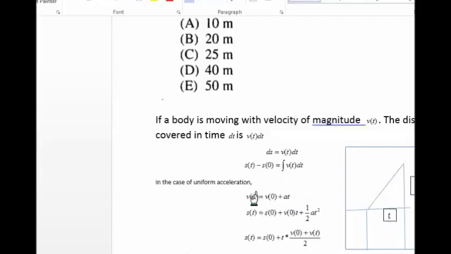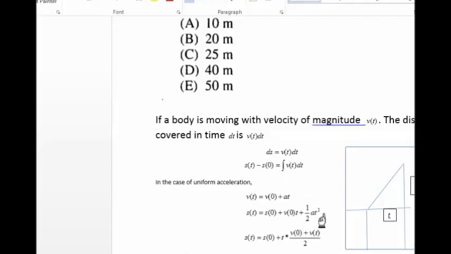So using the equation for the velocity, v(t) is equal to v0 plus at, that is the equation of this line, then integrate it to find the distance traveled by the vehicle in time t, starting from rest at s0. Consider it started from the 0 coordinate, then v0, the initial velocity starting from rest, is 0. So the distance traveled is given by half a t square, where a is 4 and t is 5, so we get 50 meters. So the answer is E.